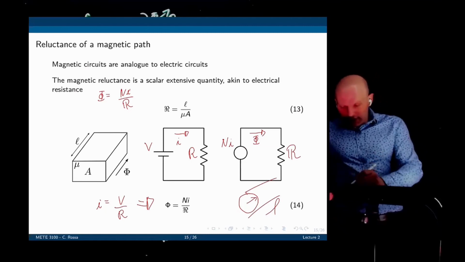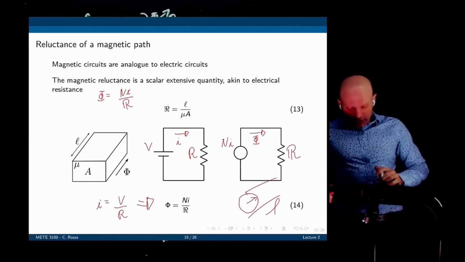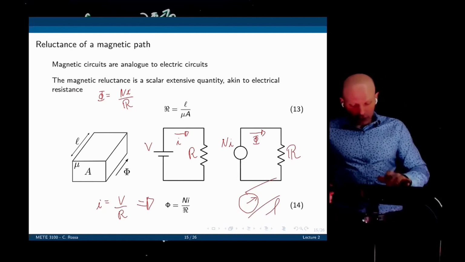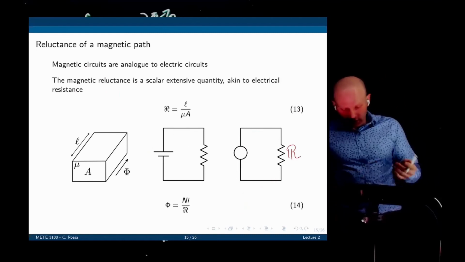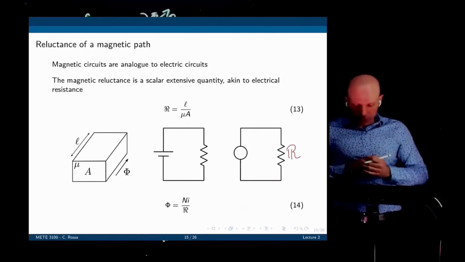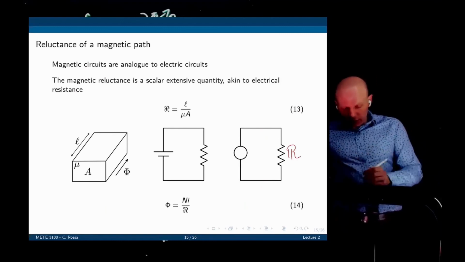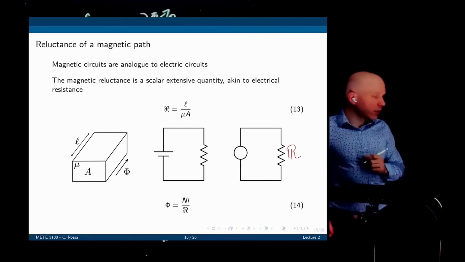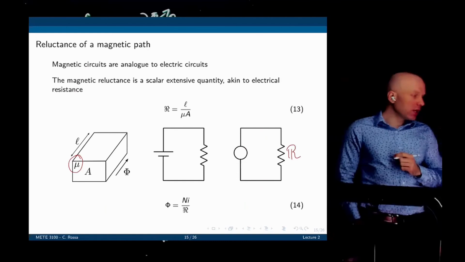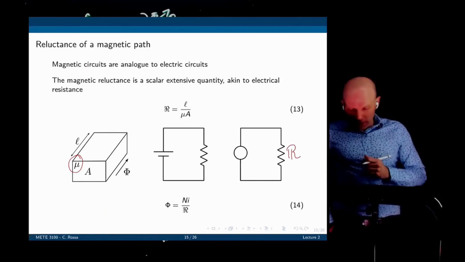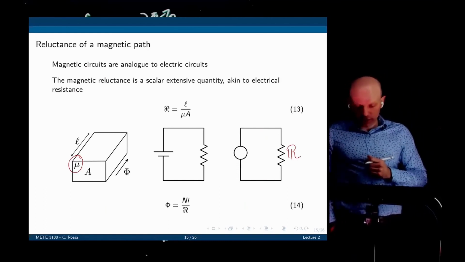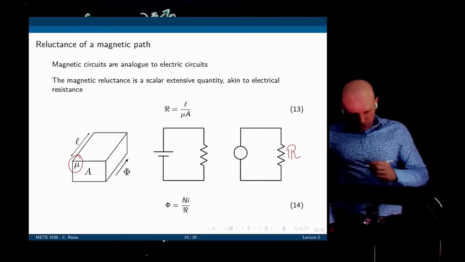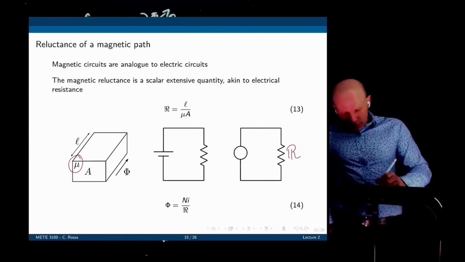In the same way, the magnetic reluctance is defined as a function of the dimensions of the conductor and on the characteristics of the material itself, in this case, mu, the permeability of that magnetic material. So here we have the definition again.